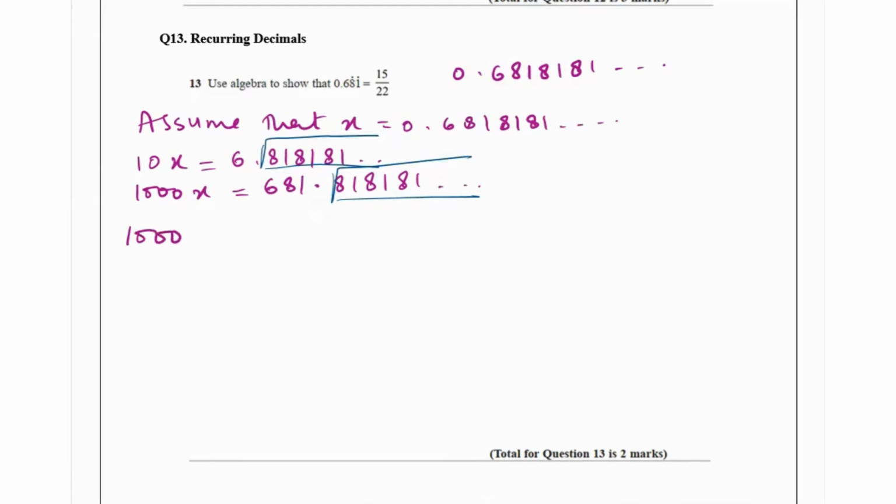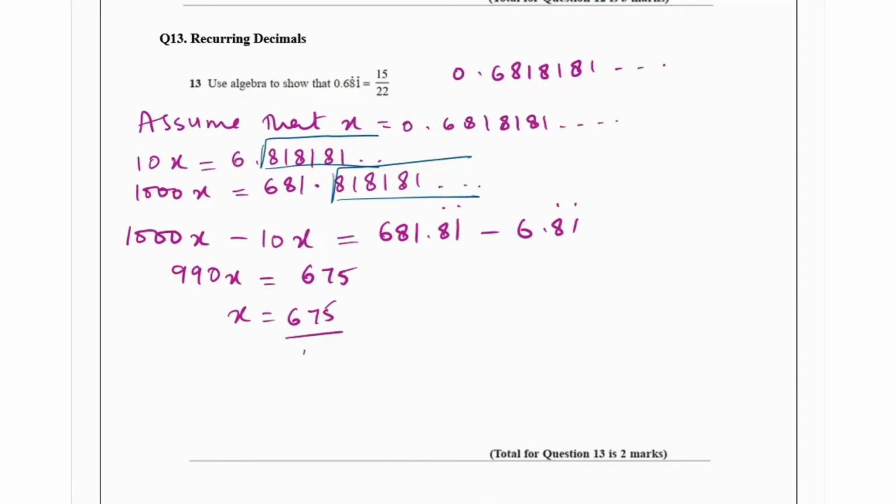On the right-hand side, I will subtract 1000x and 10x. So that's going to give us 990x over here, and this one is going to be 681 minus 6, which is 675. Everything after the decimal is gone. So x equals 675 divided by 990.